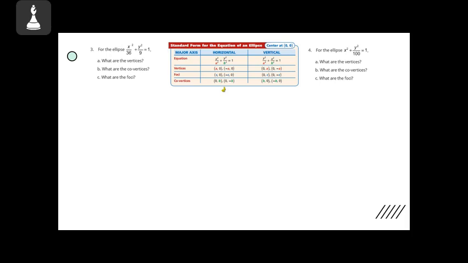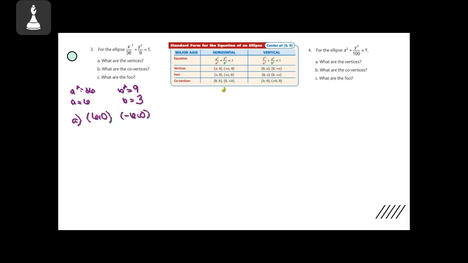We need to figure out here what a and b are. So right now, a squared is 36. That means a is 6. b squared is 9, which means b is 3. So our vertices following our formula here are a, 0, so 6, 0, and negative 6, 0.